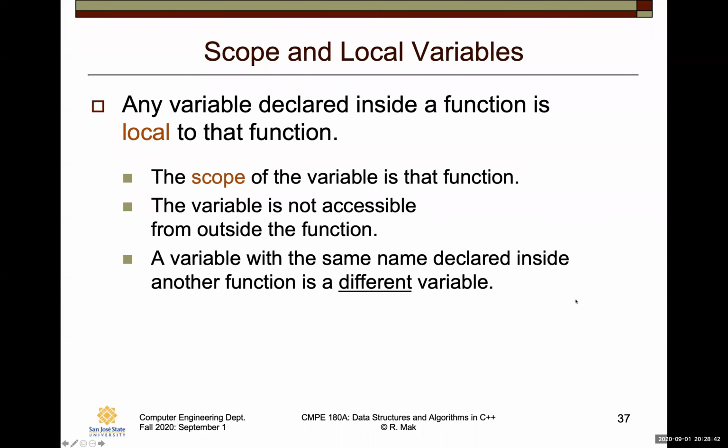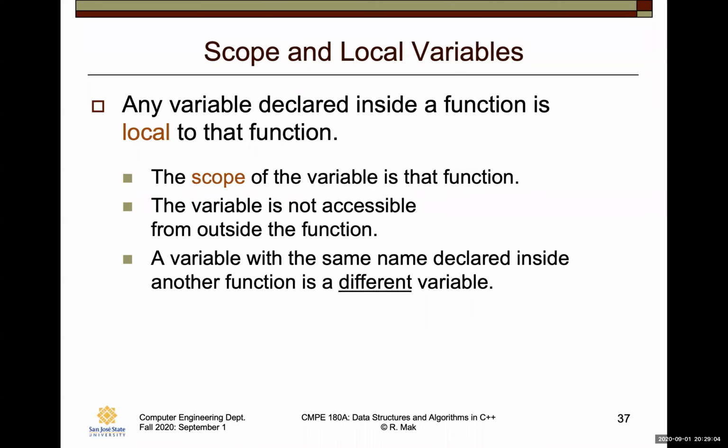Okay, so there are several ways of saying this. We can say that a variable declared inside a function is local to that function, or you can say that the scope of that local variable is the function. So scope is kind of from the point of view of the variable.